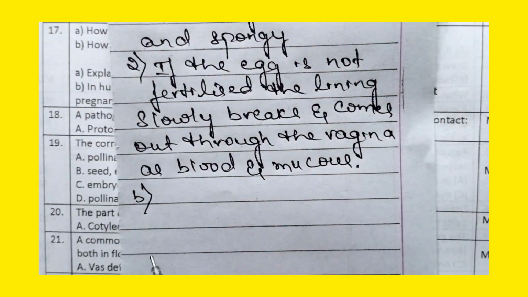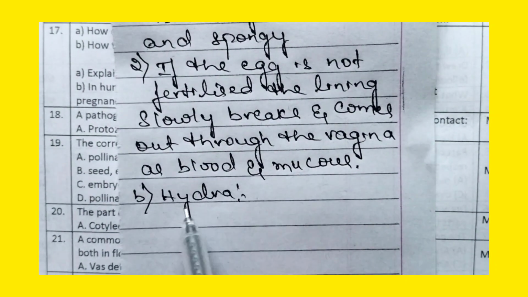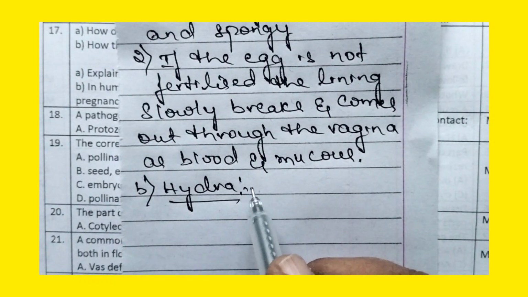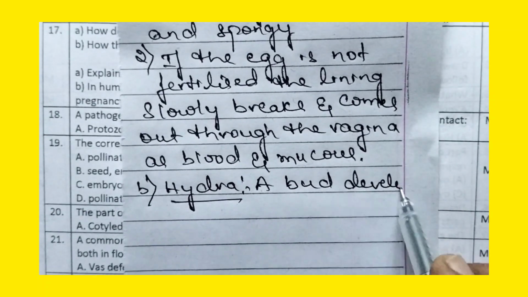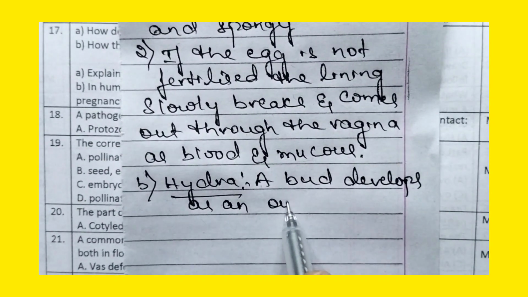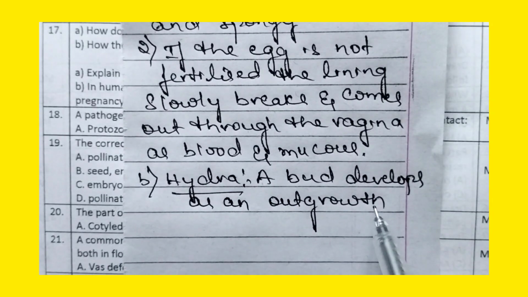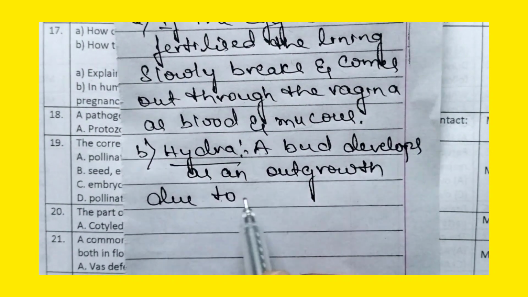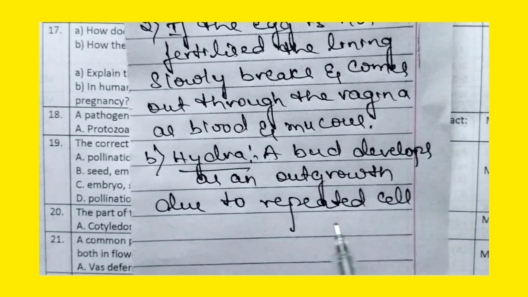In Hydra, a bud develops as an outgrowth due to repeated cell division.